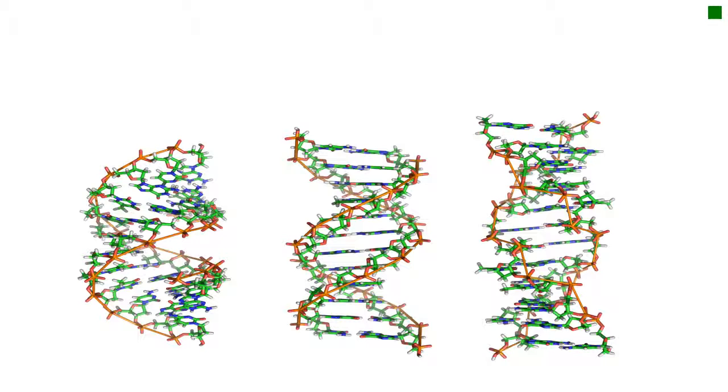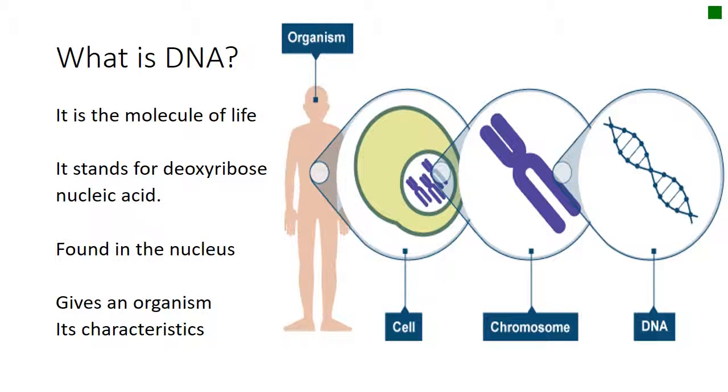And what's the difference between DNA, a chromosome, and a gene, which are terms that are used interchangeably, but they mean slightly different things. So here you have a picture of 3 different molecules of DNA, and it's a complicated molecule. So we'll talk more about DNA in the next slides here.